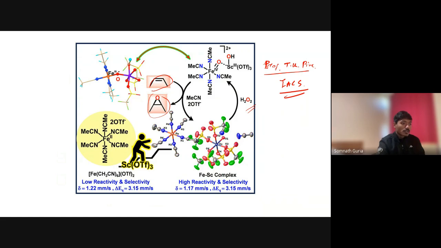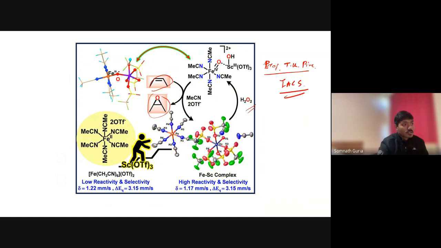system. Okay, now they generate this iron(IV) oxo species, which binds with the scandium(III), scandium triflate.